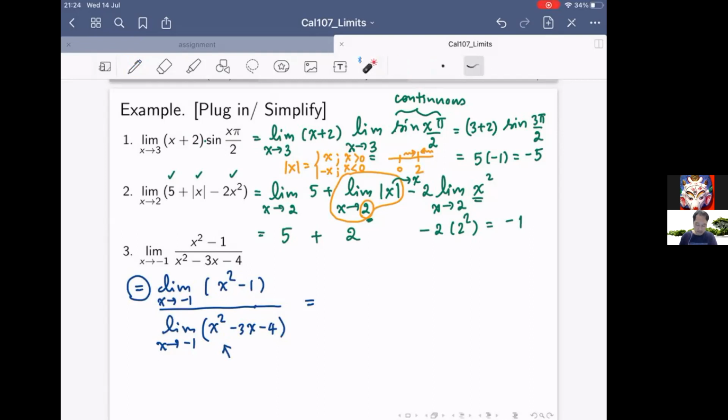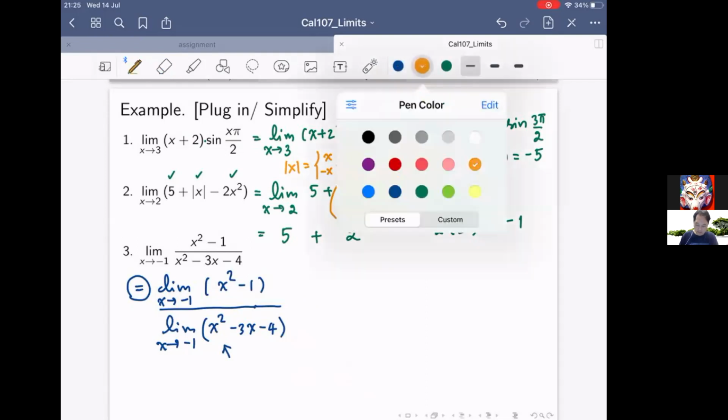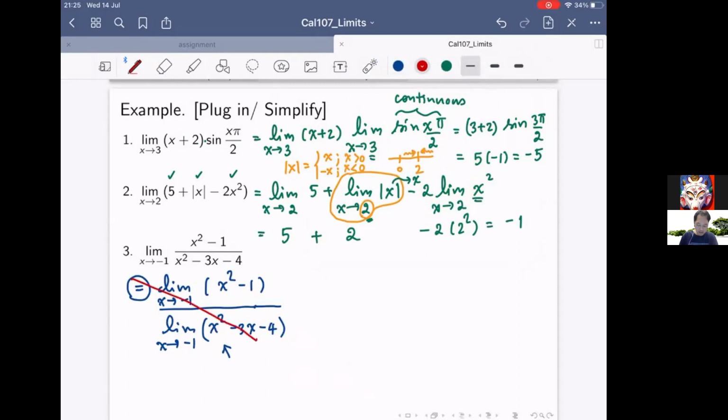As your x goes to -1, this is only a polynomial, right? So it will be -1 squared, 3 and -1, and then -4, is it? So here's 1, and then +3 -4. Oh, it is 0. Okay. So it means that you cannot really do the separate of the limit over this division. So this one is wrong. If you do it this way, it's wrong.